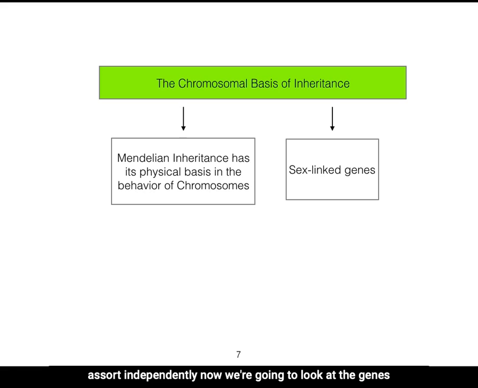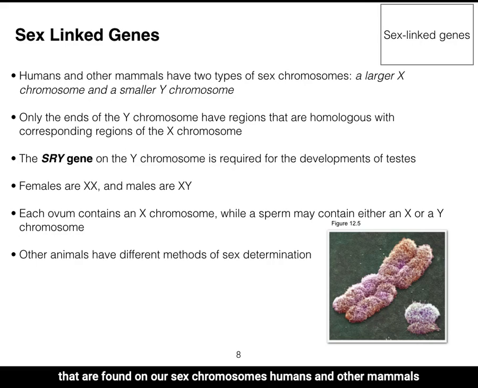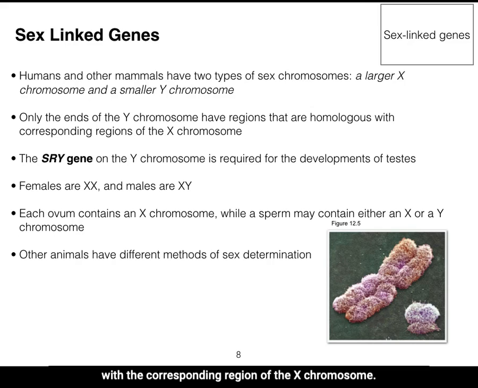Now we're going to look at the genes that are found on our sex chromosomes. Humans and other mammals have two types of sex chromosomes, a larger X chromosome and a smaller Y chromosome. Only the ends of the Y chromosome have regions that are homologous with the corresponding region of the X chromosome. The SRY gene on the Y chromosome is required for the development of the testes.